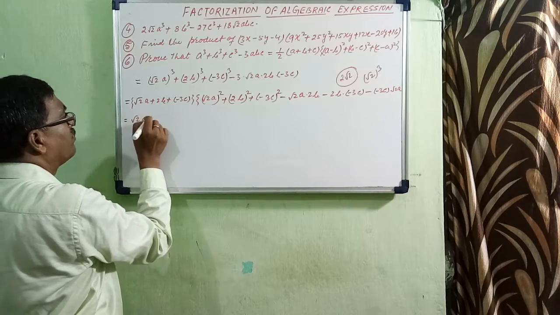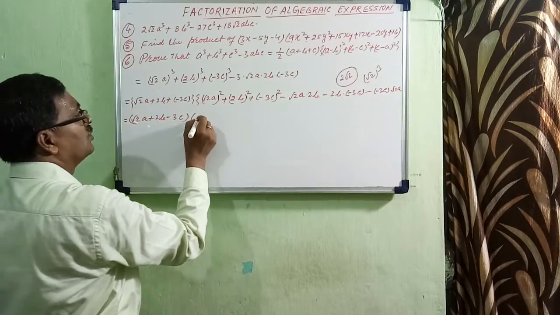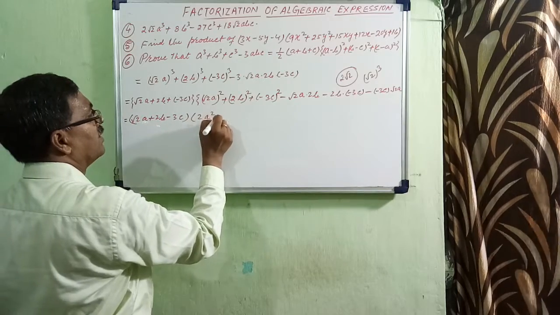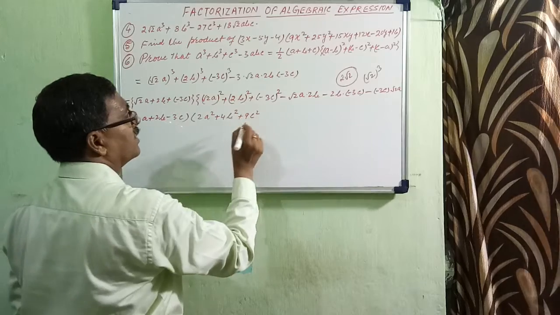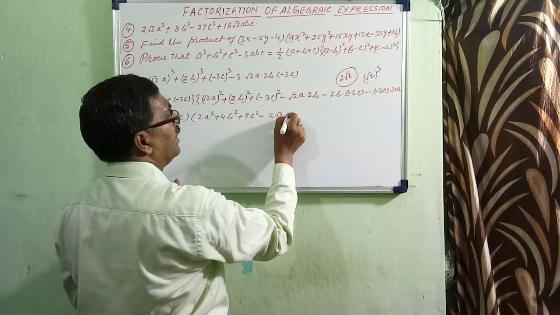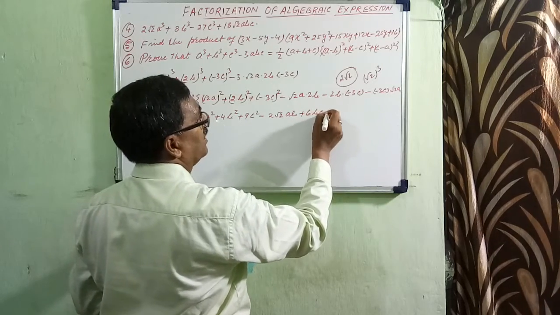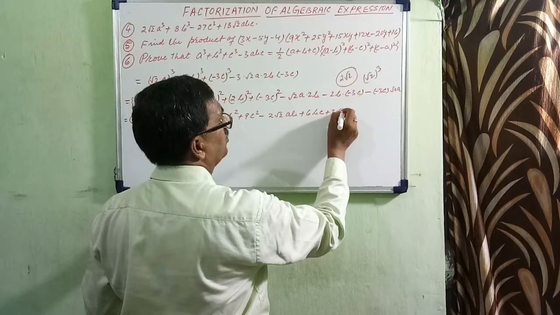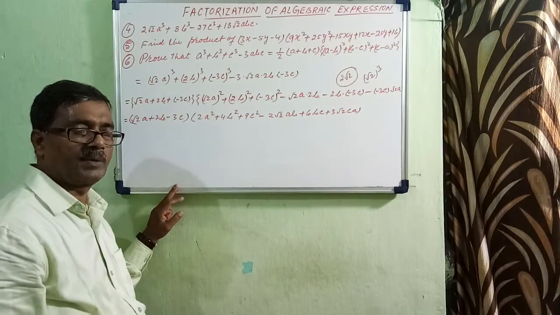(Root 2a plus 2b minus 3c) into (2a square, 4b square, 9c square, minus 2 root 2 AB plus 6 BC plus 3 root 2 CA), and this is the required factor.